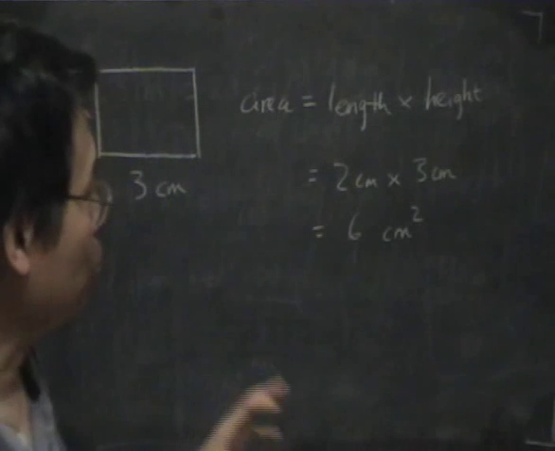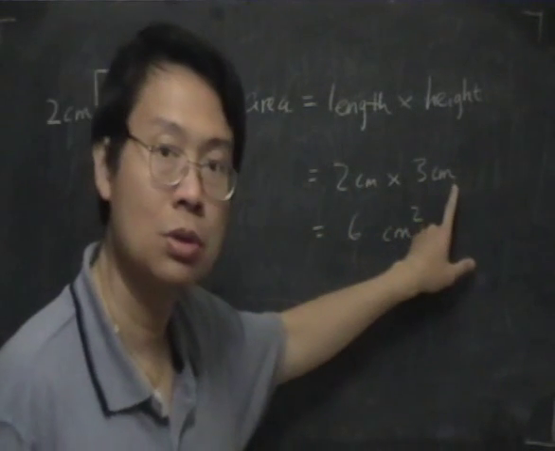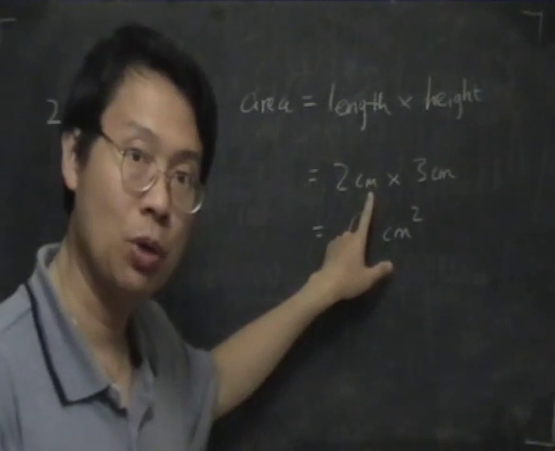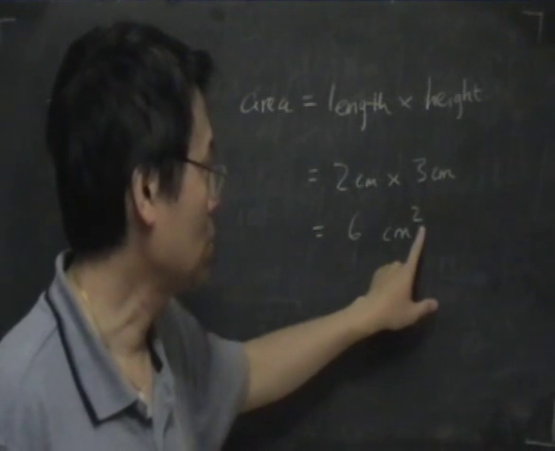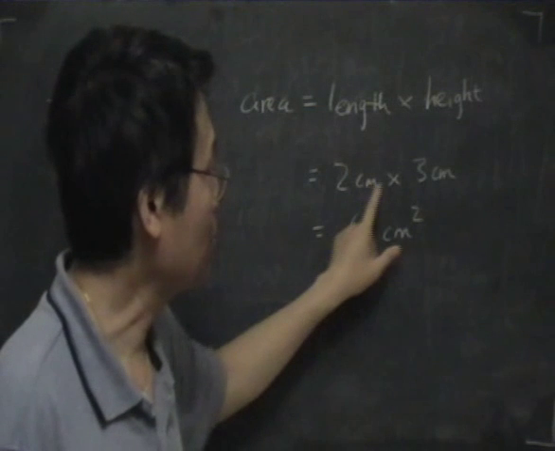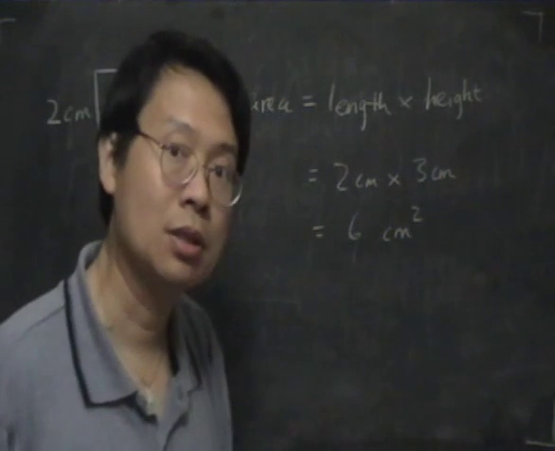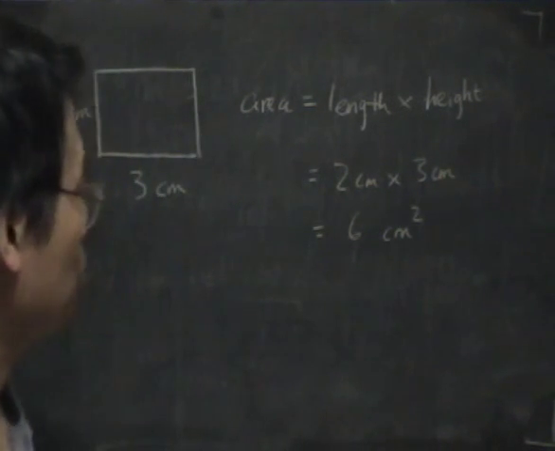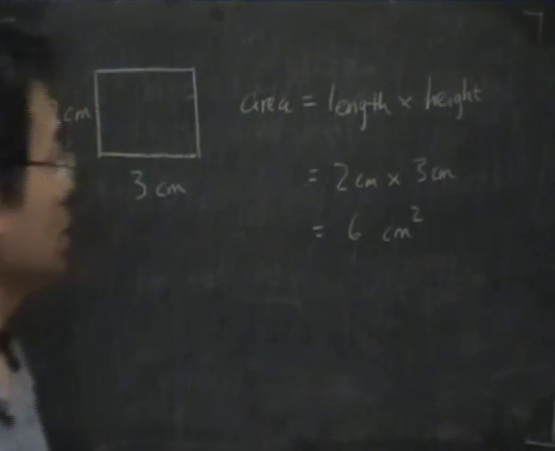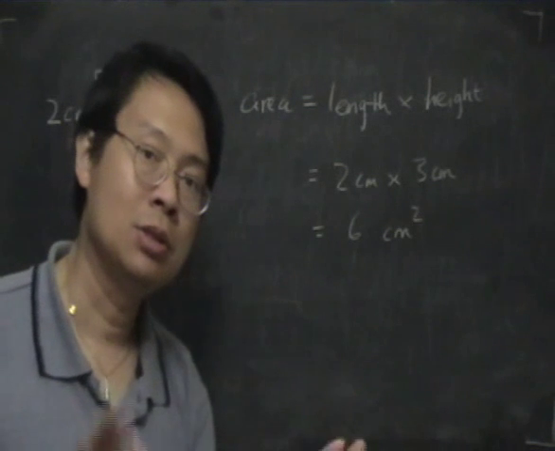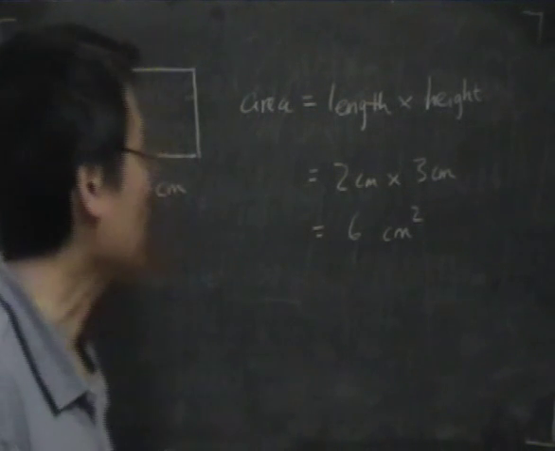Right? So it's like in algebra when you have two symbols. cm is like a symbol. So symbol times symbol is symbol squared. cm times cm is cm squared. So that's what we do in algebra, and that's the reason why we have a squared there. So cm squared really means centimeter times centimeter.